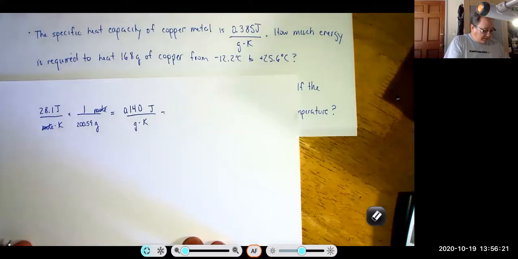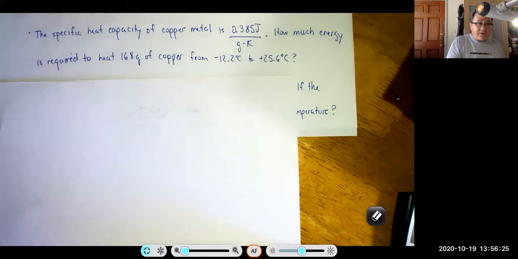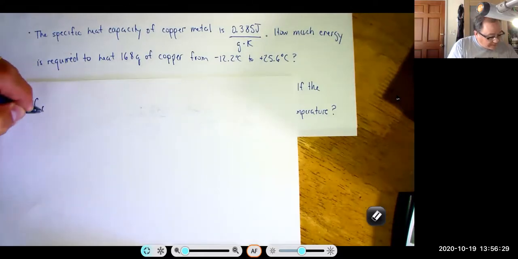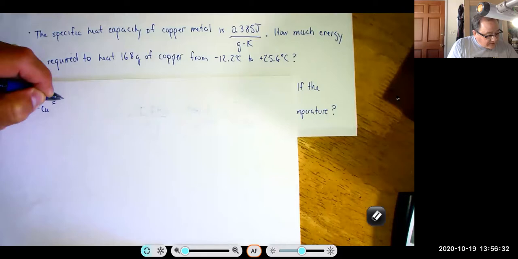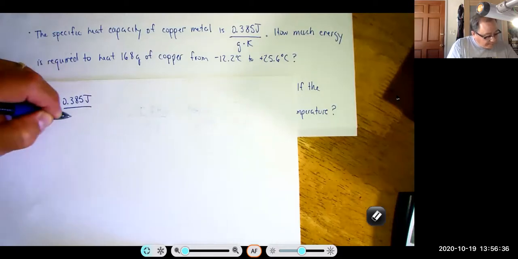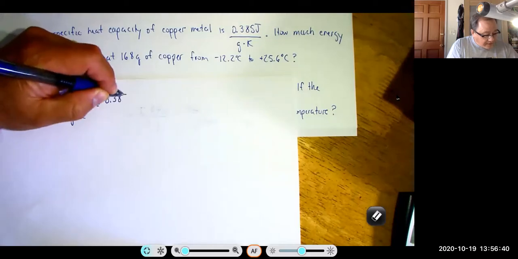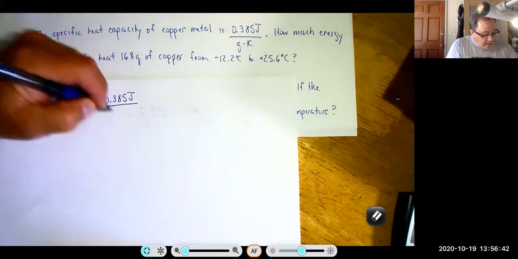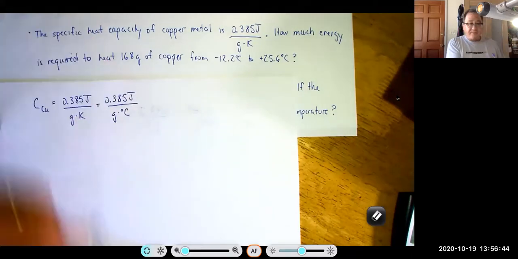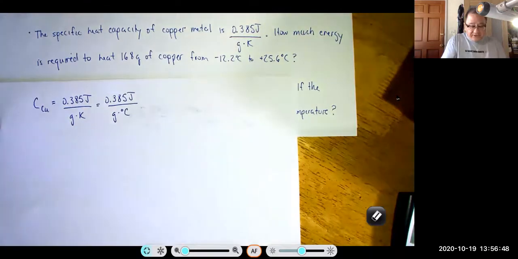So what I'm going to do here is I'm going to flip this page over and we're going to start anew. So we got the specific heat capacity of copper is 0.385 joules per gram K, which is equal to 0.385 joules per gram per degree Celsius. Degree Celsius and Kelvin are interchangeable because these are changes in temp.